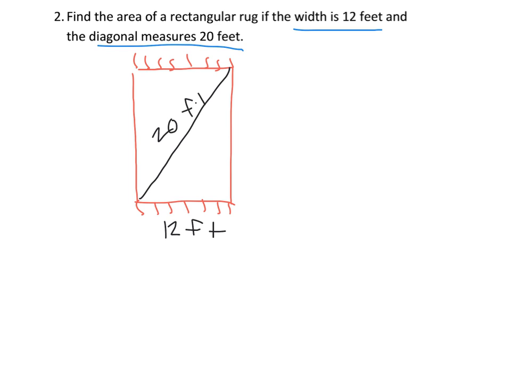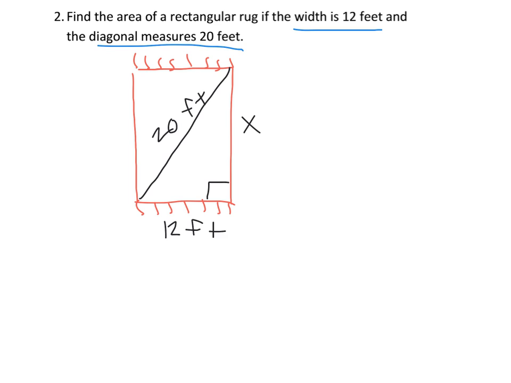And so we are asked to find the area, which means we need to first figure out what the length of the rug is. So if we have a rectangular rug, that means all of the corners would be 90, and so our hypotenuse is 20 feet because it is across from the 90, which means that is the c value.